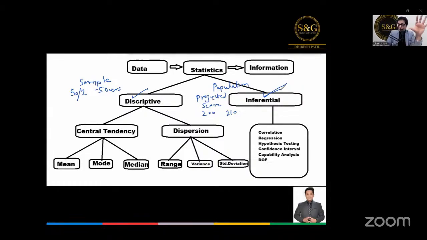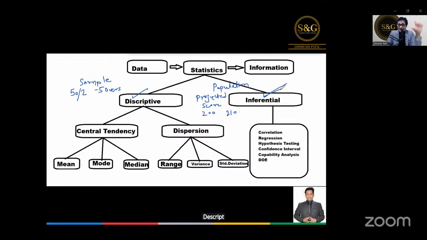So descriptive is about the sample, inferential is about the population. Descriptive is about the past, inferential is about the future. Future projections, future predictions, the behavior of the population. It is about the probability.